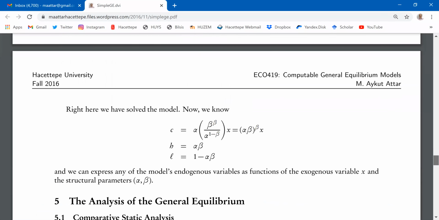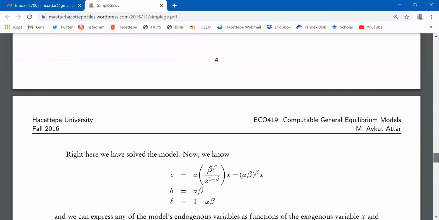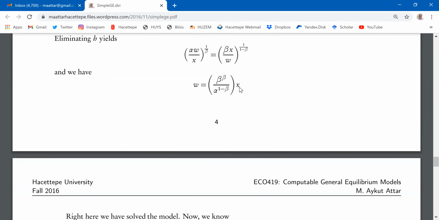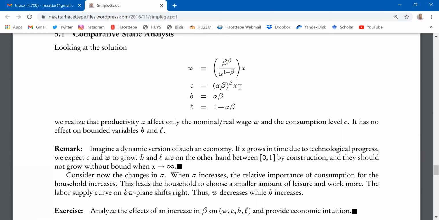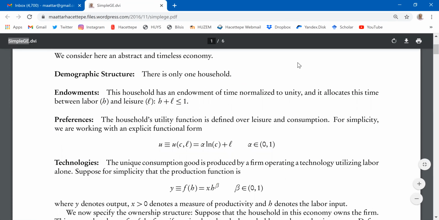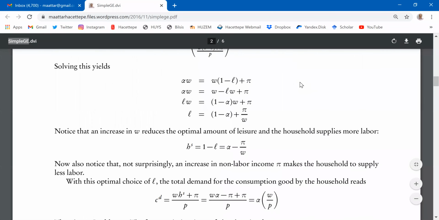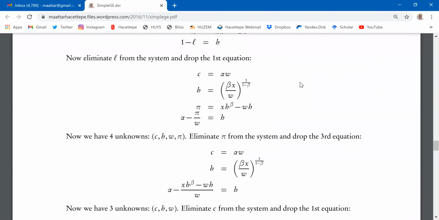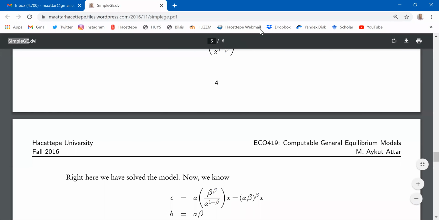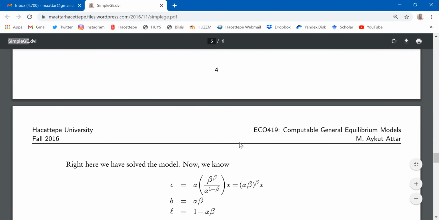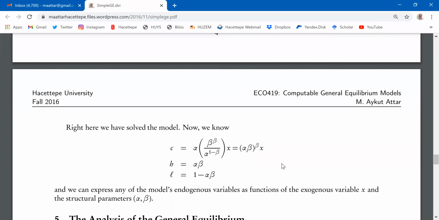Now, we solved the model. Knowing the wage, you can express all the other variables by replacing the wage.